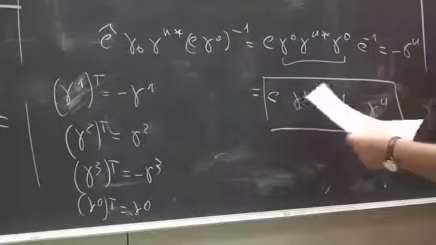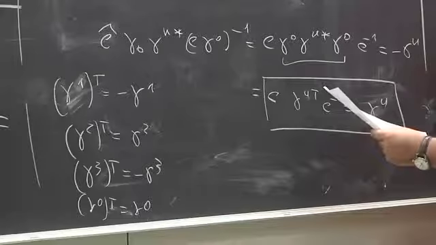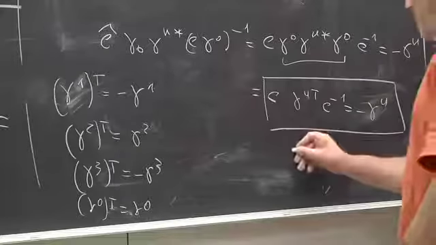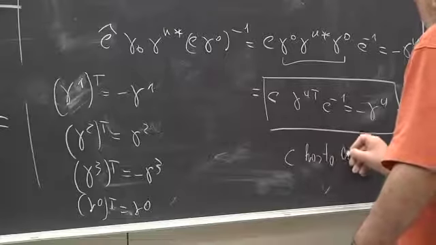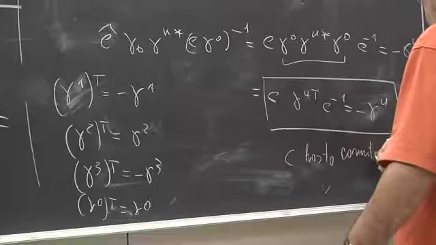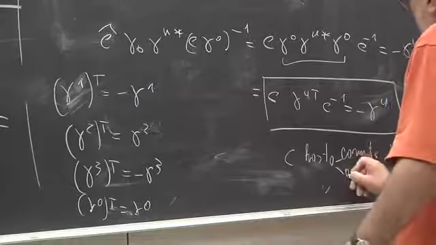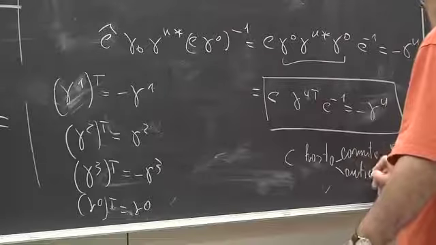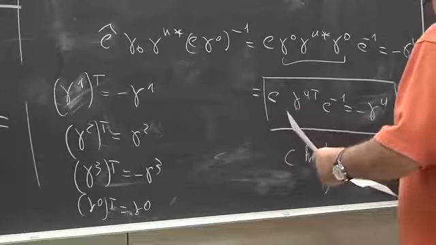Let's put the gamma 2. Gamma 2, there is a minus, so C has to anti-commute with gamma 2. So basically C has to commute with gamma 1 and gamma 3, anti-commute with gamma 2 and gamma 0.